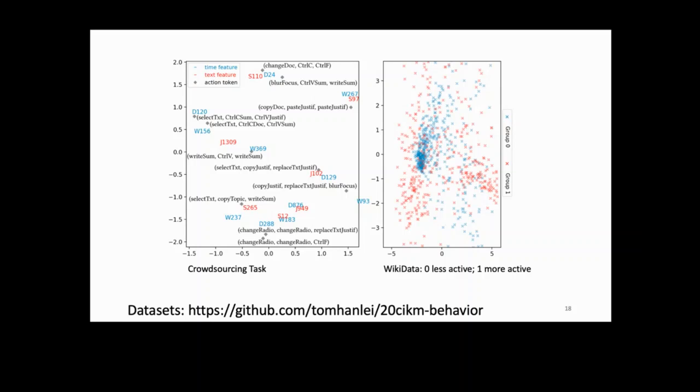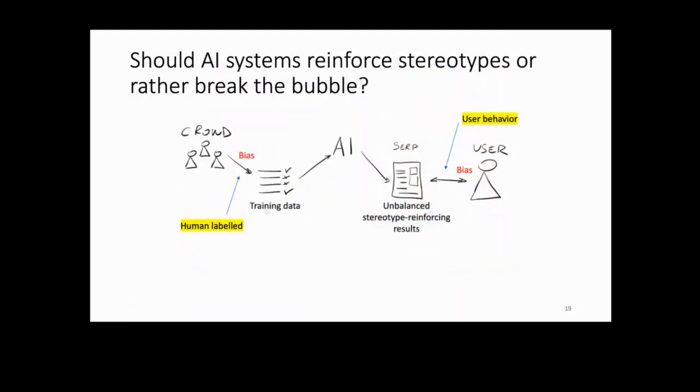Okay, and with this, I'll finish my overview of a few of the recent works we have done. I want to go back to the problems that we talked about. We have talked about manually labeled data collected from humans by means of crowdsourcing or in other forms, which comes with some bias.